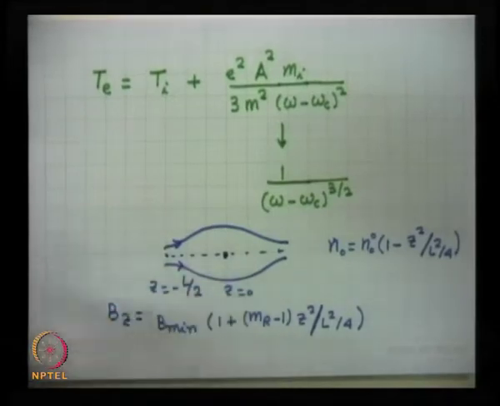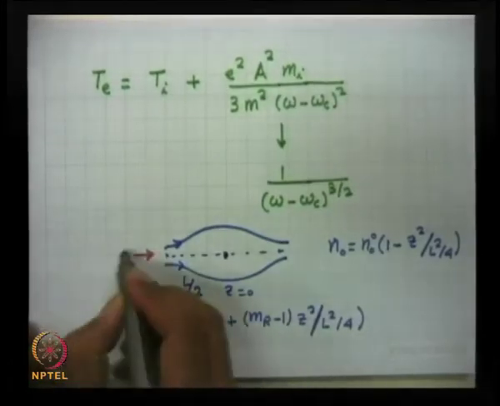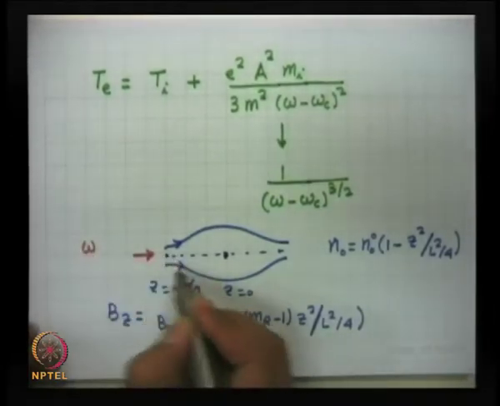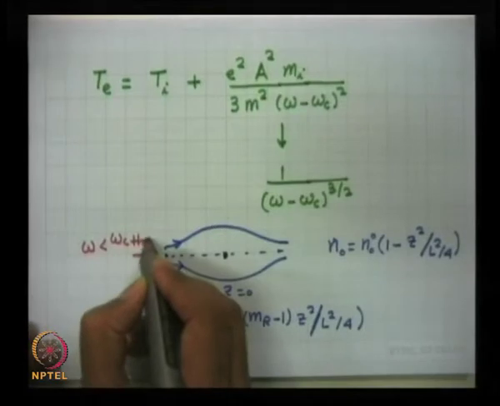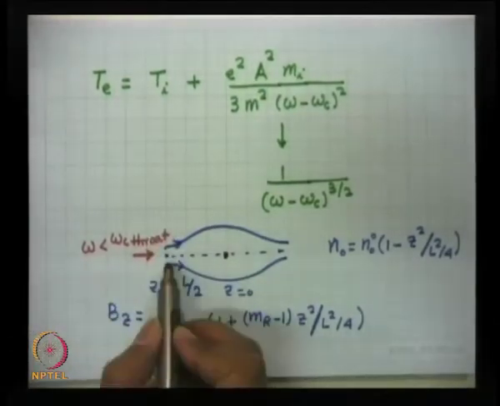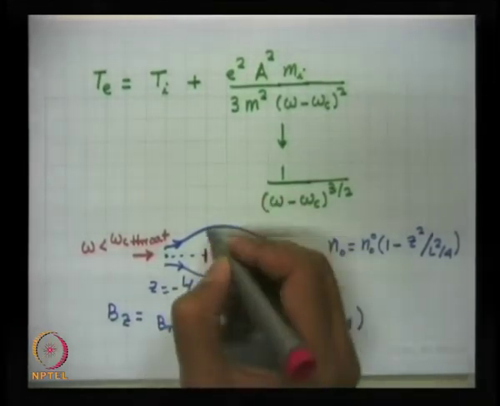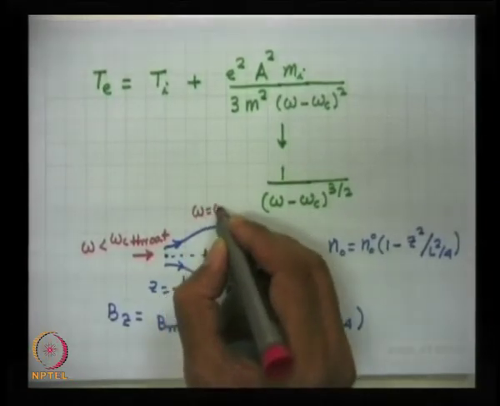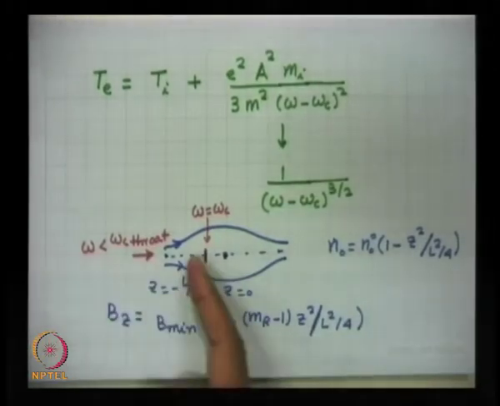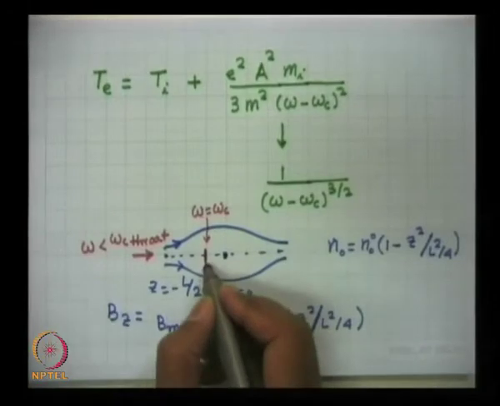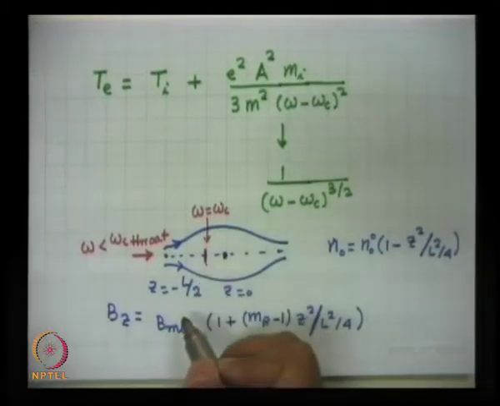If I launch an electromagnetic wave, an RCP wave, a right circularly polarized wave, here with frequency omega less than the omega c at the throat, then this wave will travel and reach a point where omega becomes equal to omega c locally. Beyond this point, this wave will not travel, and it is at this point that the cyclotron resonance condition is met, and hence very strong heating will take place.